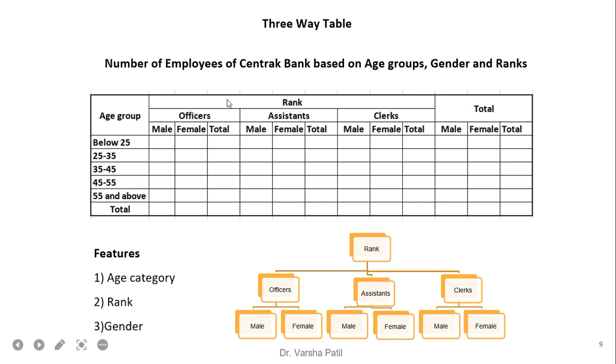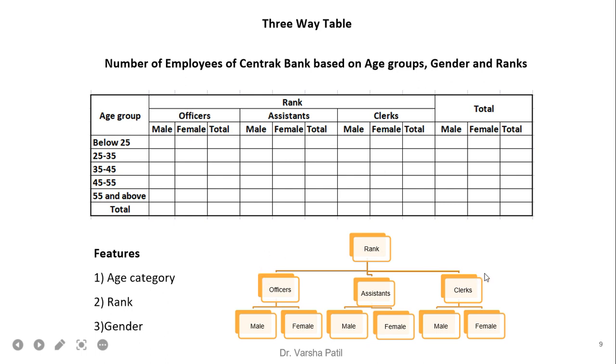Generally, at the top level we always take the aspect which is higher in hierarchy. So for example, we generally consider first the officer, assistant, clerk category, and in that we consider male, female and total.